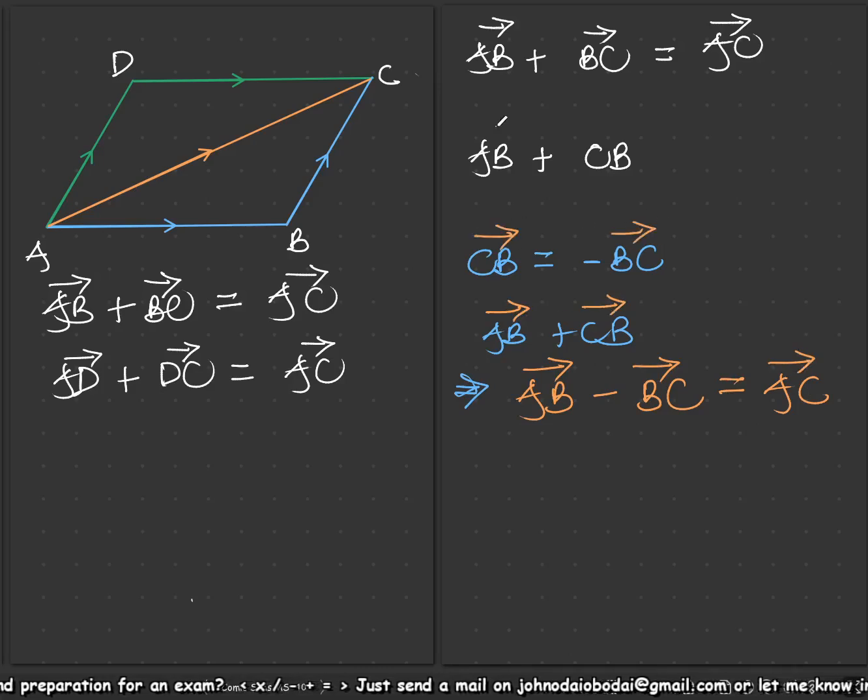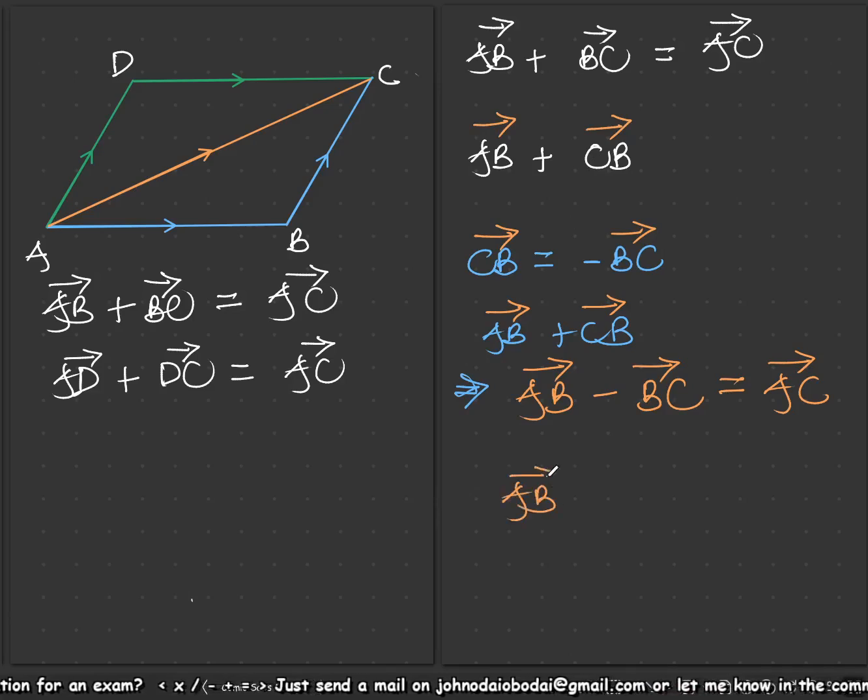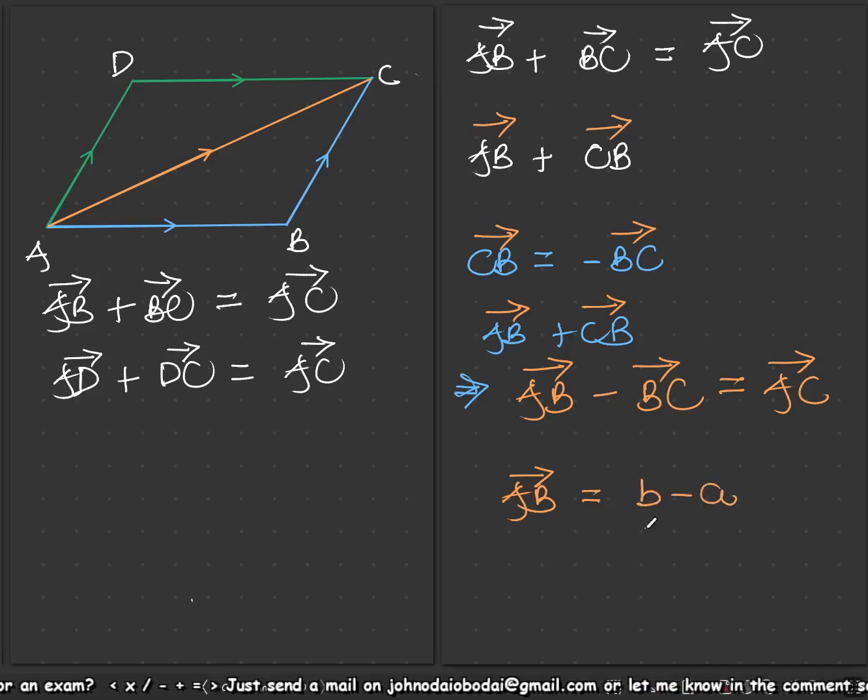Okay. Now, you also need to take note that our position vectors we considered. That is, if you have AB, it is the same as what? Vector B minus vector A. And then finally, talking of the magnitude of a vector.